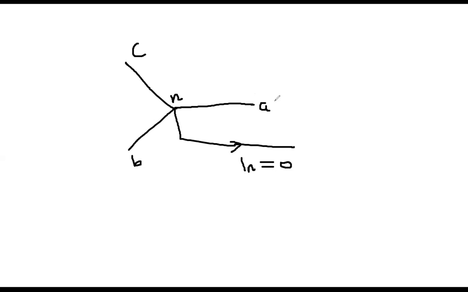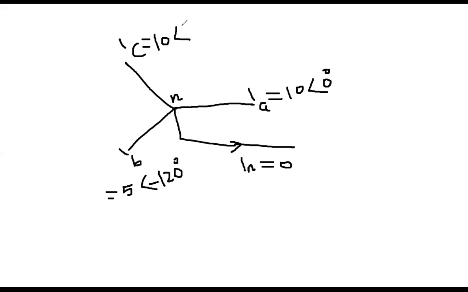But once it is unbalanced, for example, this is IA, this is IB, and this is IC. Just an example: it has 10 ampere at an angle of 0 degrees, and then 5 ampere at an angle of minus 120 degrees, and then an equal amount at plus 120 degrees.